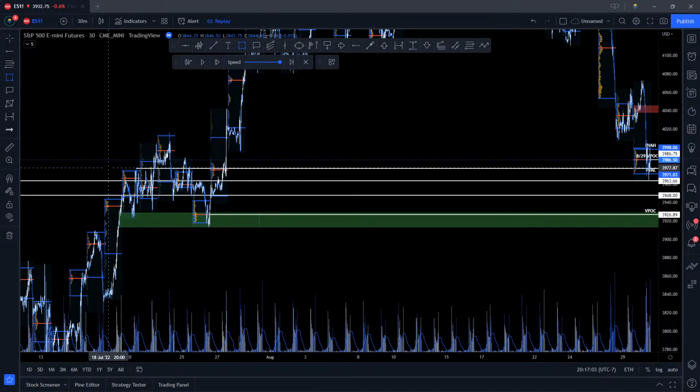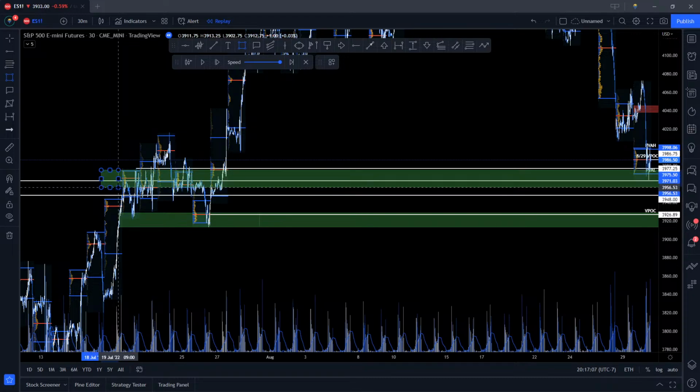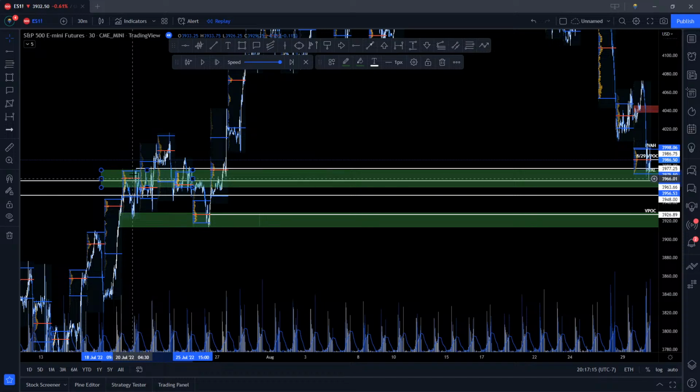You really want to not take trades in this area. You can take trades below, but as you can see here, it's just choppy, choppy, choppy when we get into this area. So you want to take the retest of these levels that we know.